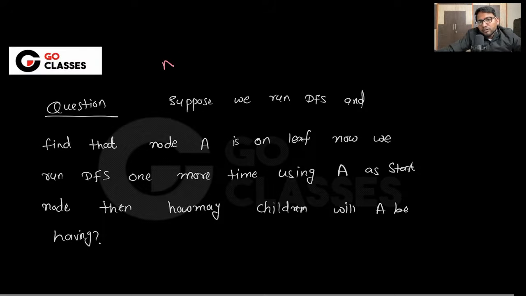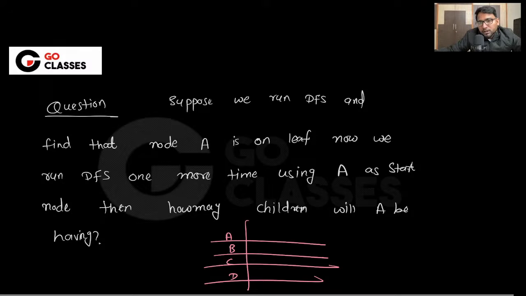Suppose this is a NAT question, or maybe they can give you options. One option says 2 children, this says one child, this says 0, this says more than one.